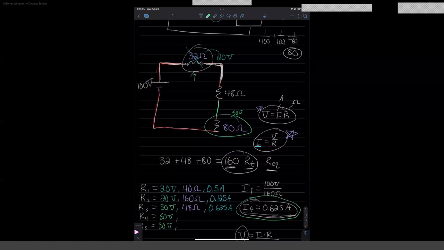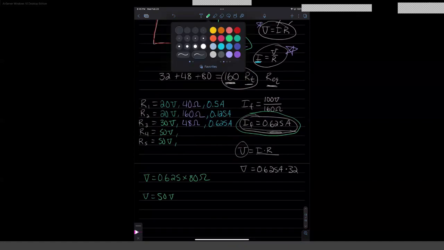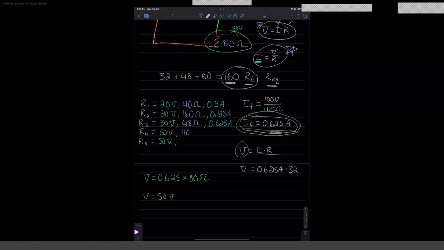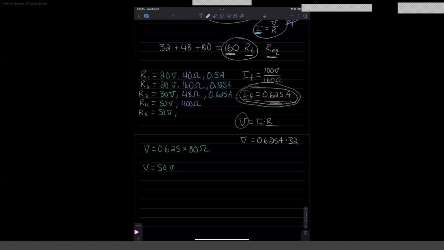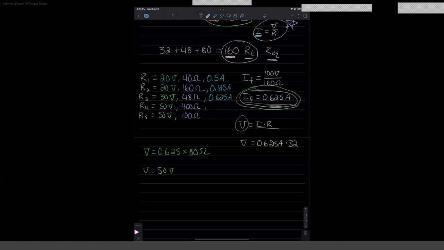We know they're two separate resistances. For R4 it was 400 ohms, and for R5 it was 100. So we have two values for both of those, and I think we should be able to figure out the last ones.